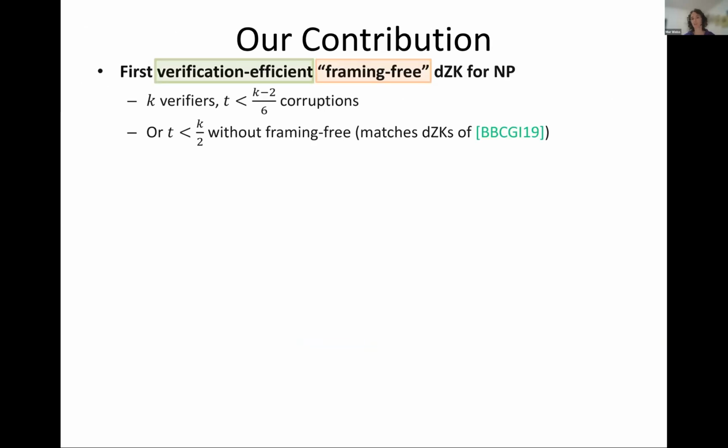So today I want to show you a framing-free, verification-efficient, distributed zero-knowledge proof for NP. We can handle 1/6 corruption, more or less. And actually, if you forgo the framing-free guarantee, then we can scale up the corruption threshold to roughly 1/2, and this matches the DZKs of Bonnet et al., which I mentioned in the previous slide.